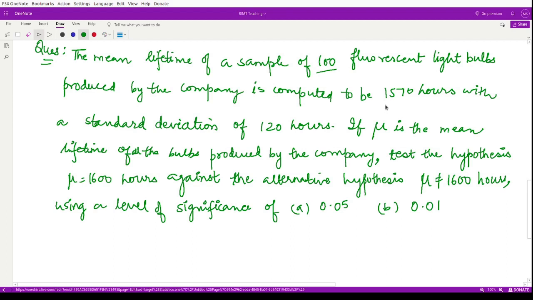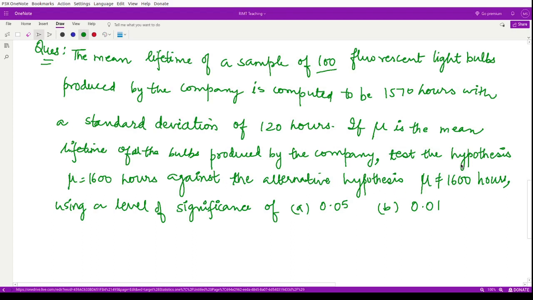So you are to determine what the population is, what the parameters for the population are, what the sample is, and what the parameters for the sample are. Now they are saying if mu is the mean lifetime of all the bulbs produced by the company, you have to test the hypothesis that mu is equal to 1600 hours against the alternative hypothesis.